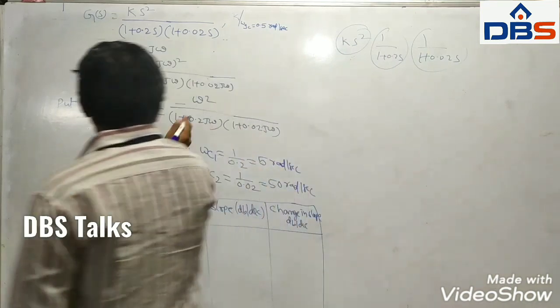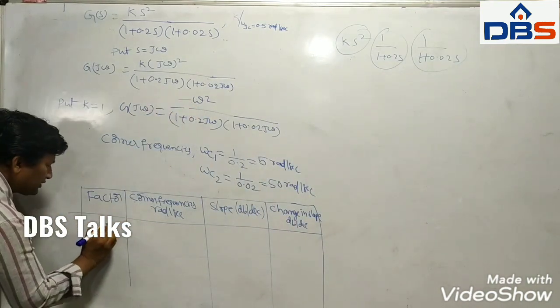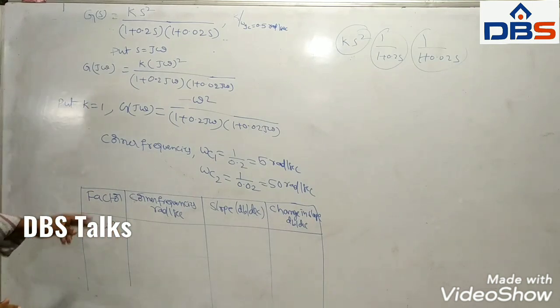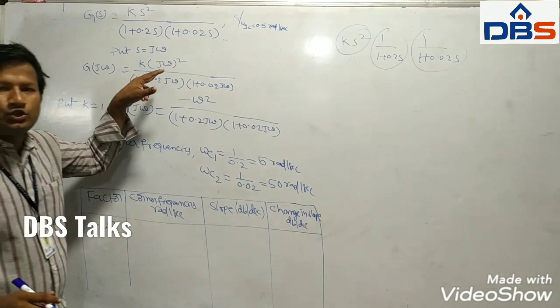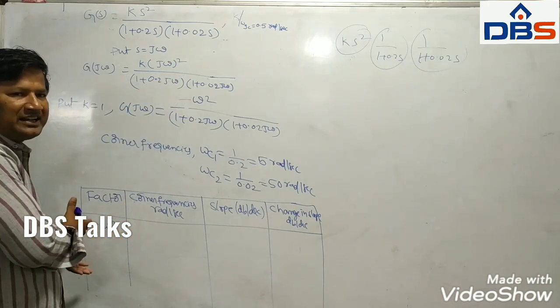The first factor is minus omega square, that is, 2 zeros placed at the origin. There is no corner frequency because this is not in 1 plus sT form.